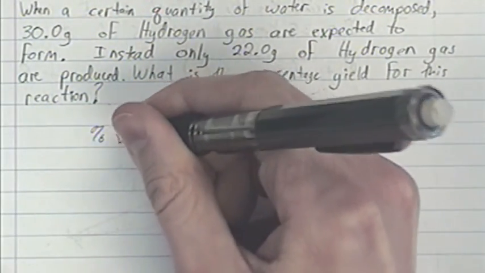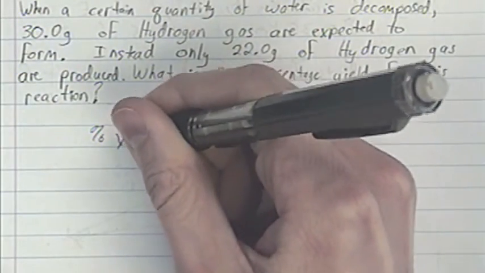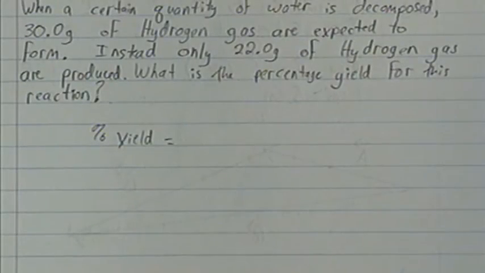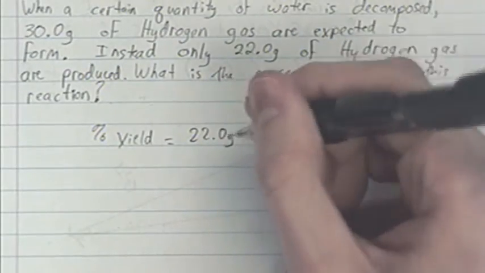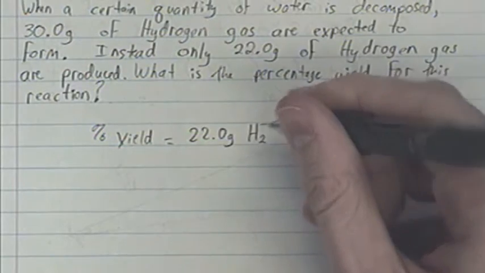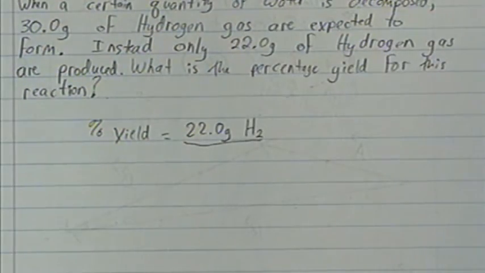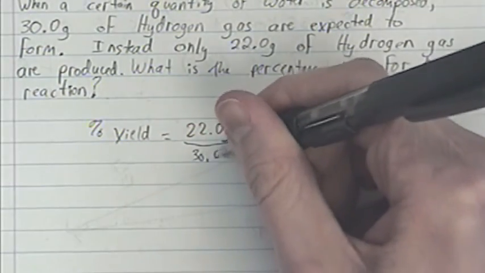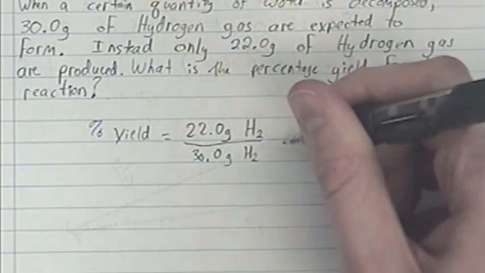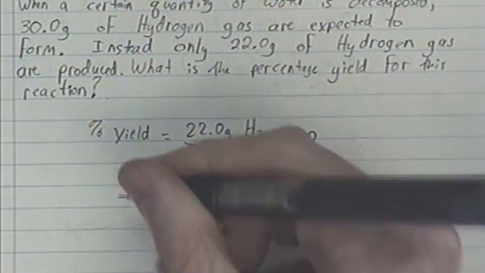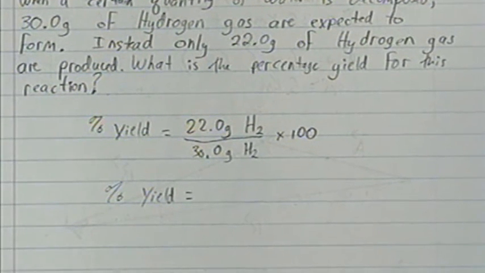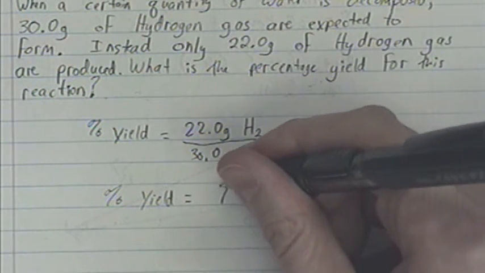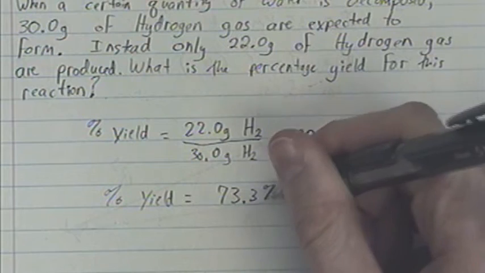So our percent yield is equal to our actual yield, which in this case is 22.0 grams of hydrogen gas, divided by our expected or theoretical yield, which was 30.0 grams of H2, times 100 to make it a percent. And on this problem, our percent yield is going to be 73.3%.